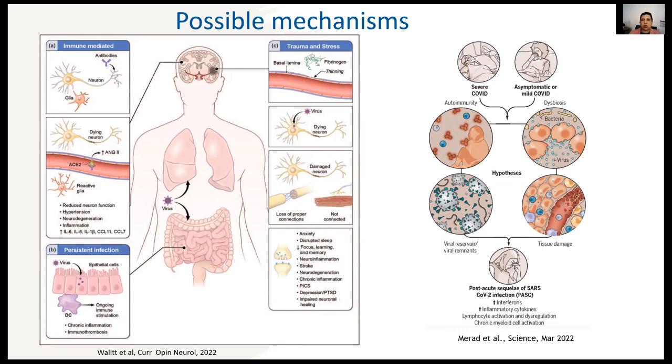And clearly, all of these work together to lead to the eventual phenotype of PASC, where we see increased inflammatory cytokines, lymphocyte activation, and dysregulation. The picture on the left shows a similar kind of hypothesis for neuro-PASC, where immune-mediated damage, persistent infection, and the trauma and stress caused by the initial SARS-CoV-2 infection can all contribute to damaged neurons, persistent inflammation, and lead to the many symptoms of neuro-PASC.